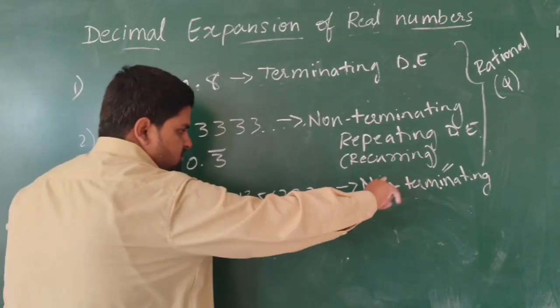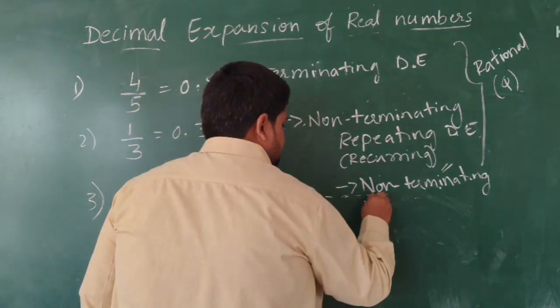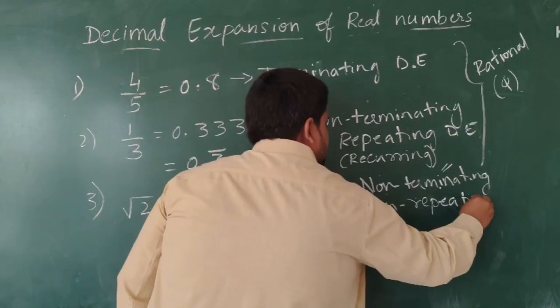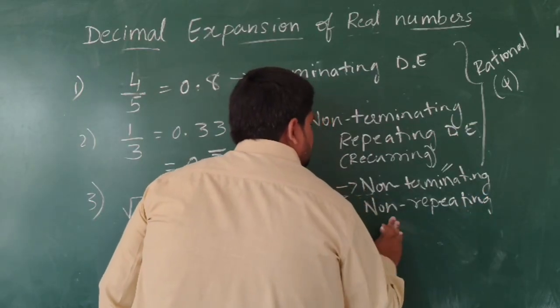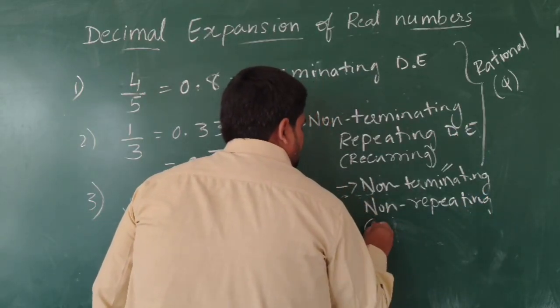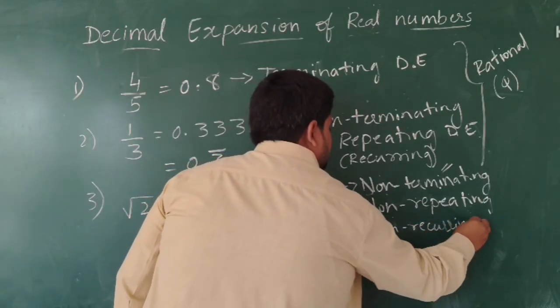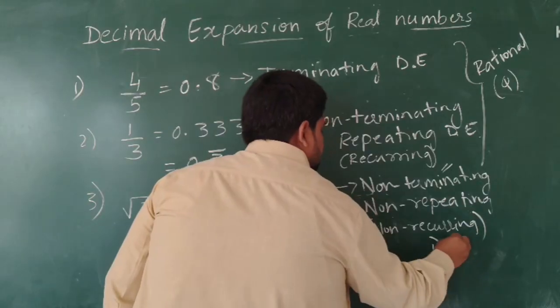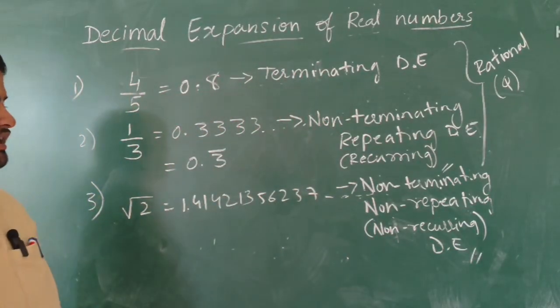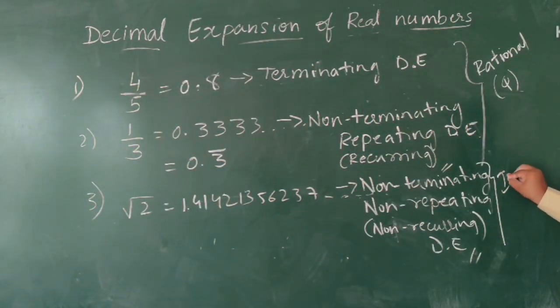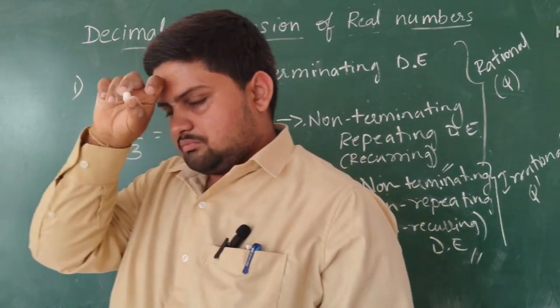Non-terminating, and the numbers are also not repeating, so we call it non-terminating, non-repeating decimal expansion, or non-terminating, non-recurring. Both usages are correct. Every irrational number will have such a decimal expansion.